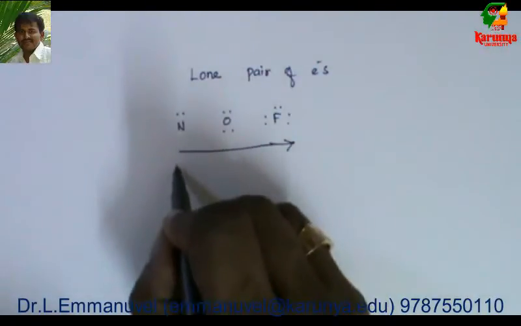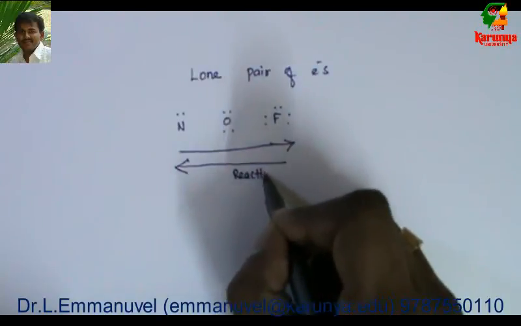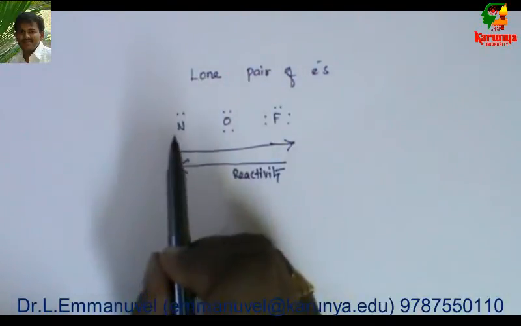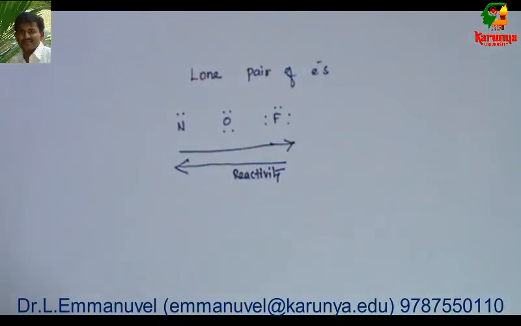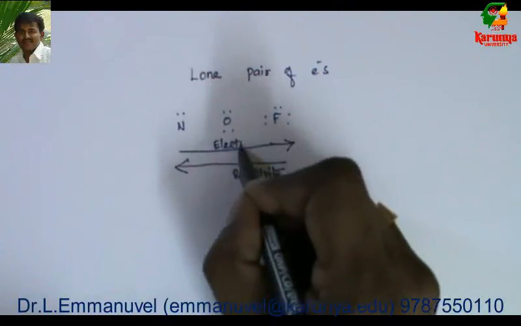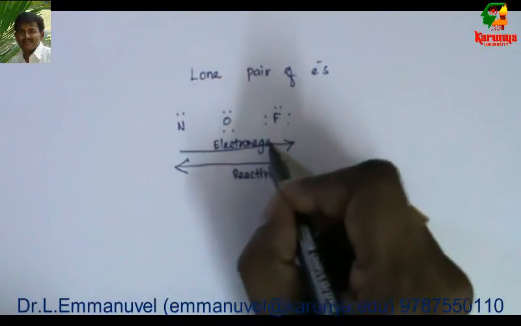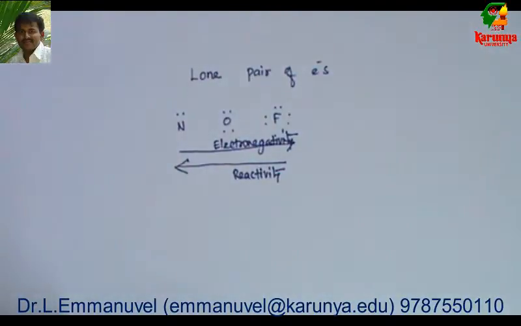So if you see the reactivity, nitrogen is more reactive than fluorine. The reason is electronegativity. Because of electronegativity, the available electron density on that atom is less.